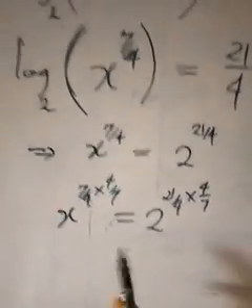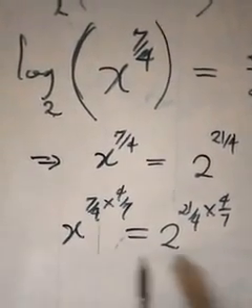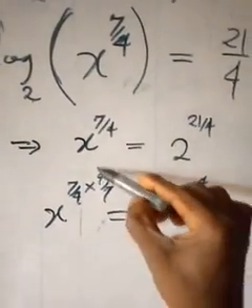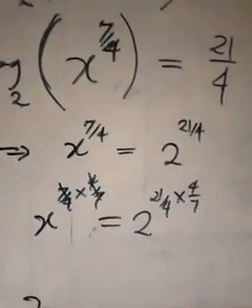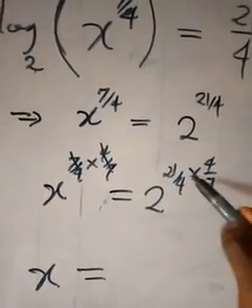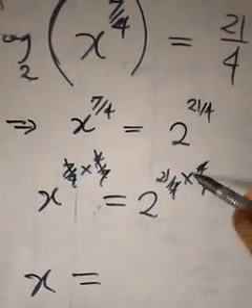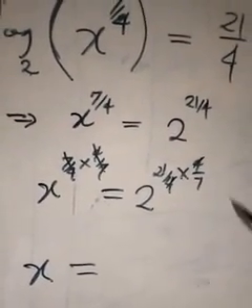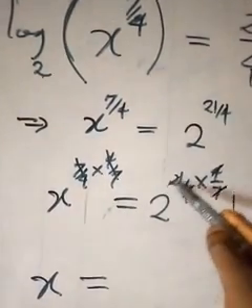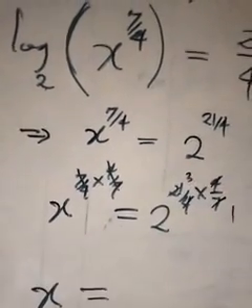Because what you do to this side, you have to do to this side so that the equation can be balanced. Then you can now see that this can remove this. We are left with x equals, 4 can remove 4. Then 7 here, 1. 7 divided into 21, we are going to have 3.